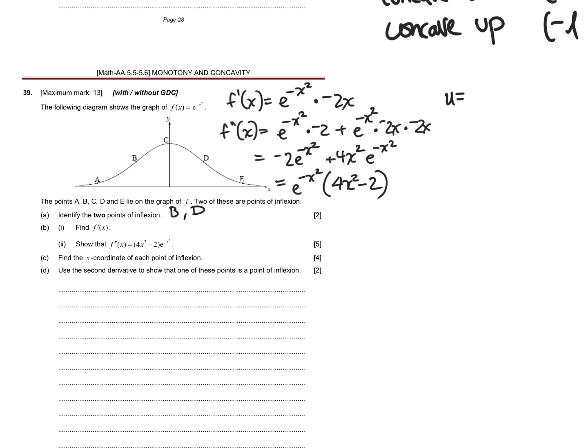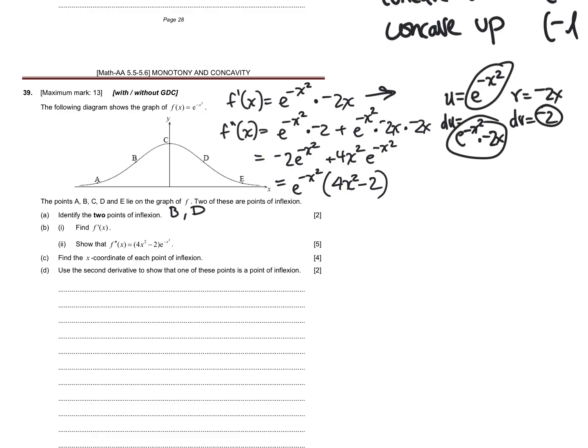Let me just explain, for this one, e to the -x squared, v is -2x, so dv is -2, and du is e to the -x squared times the derivative of -x squared, which is -2x. So that's how I get u times the derivative of v plus the derivative of u times v.